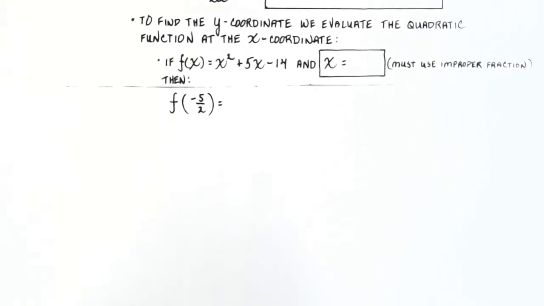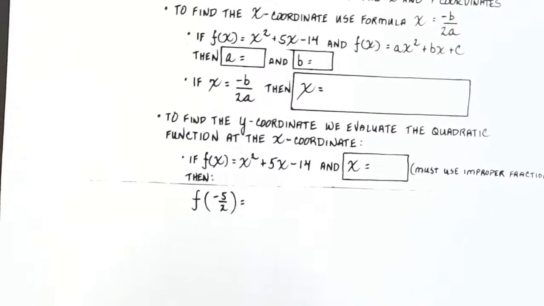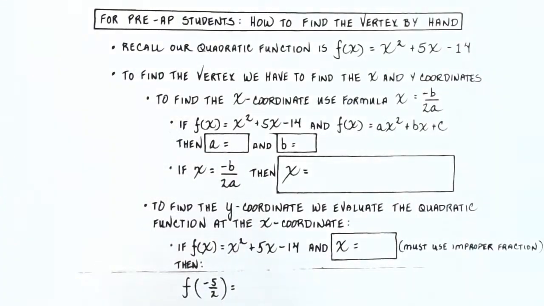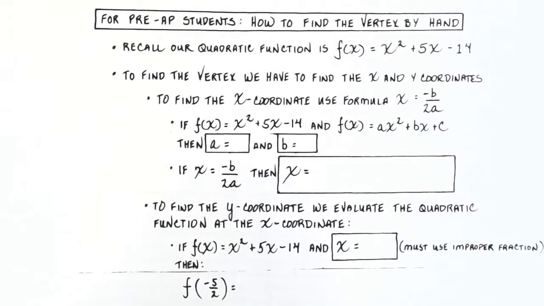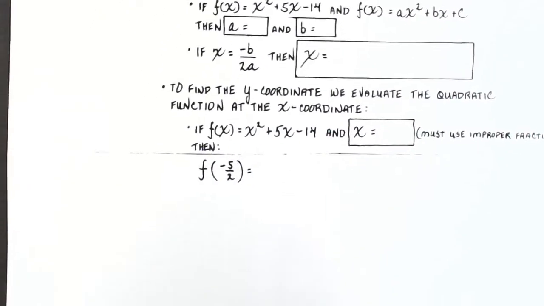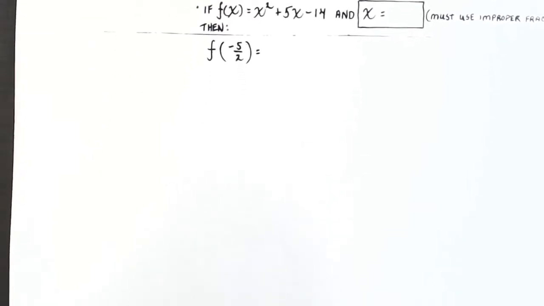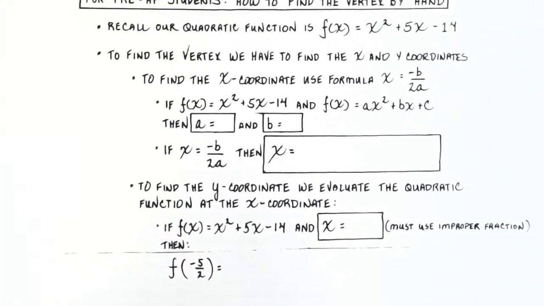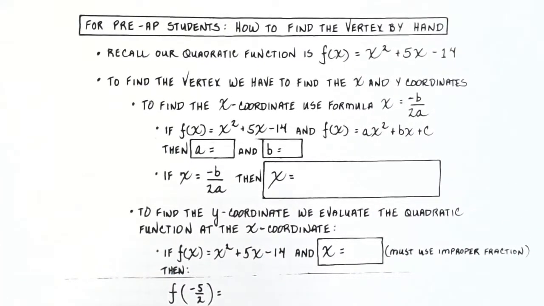I have a key available if you get really stuck, but basically you're going to fill out all these boxes and you follow these directions closely and you can do it, pre-AP students. So pre-AP students, if this is your class, we need to pause the video here and you'll need to take, I don't know, 10 minutes or so, 7 to 10 minutes, and fill this out. This bottom space here, there's going to be a lot of calculations. It'll fill up this whole space. Okay, so that's for pre-AP students only.